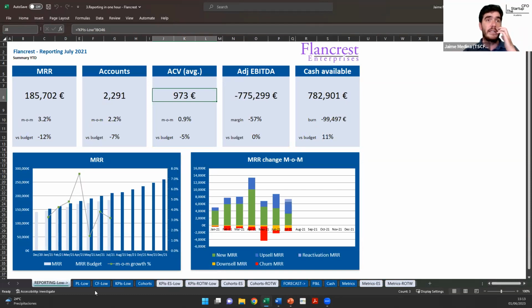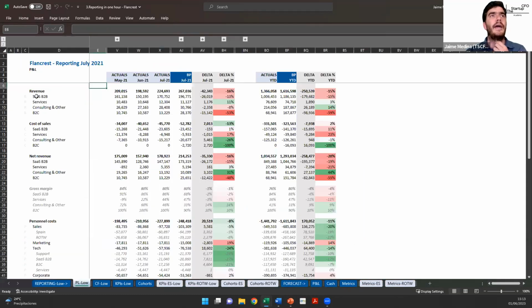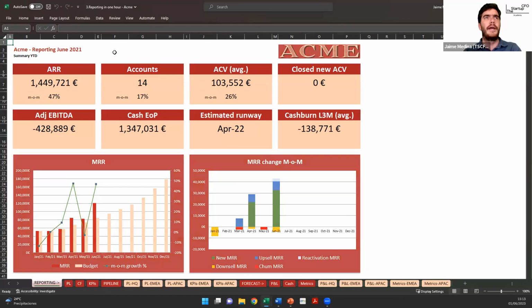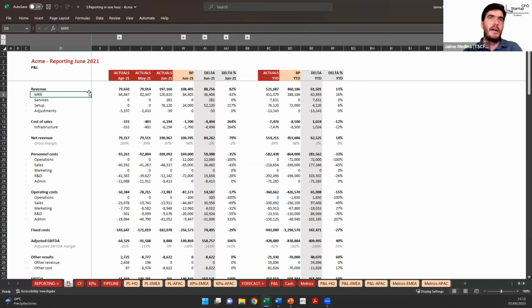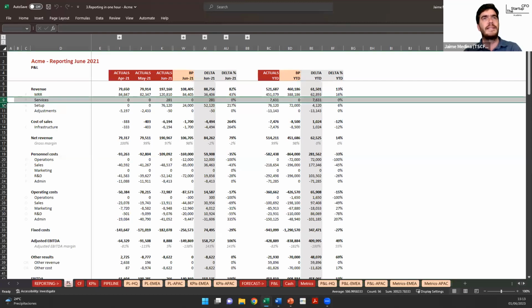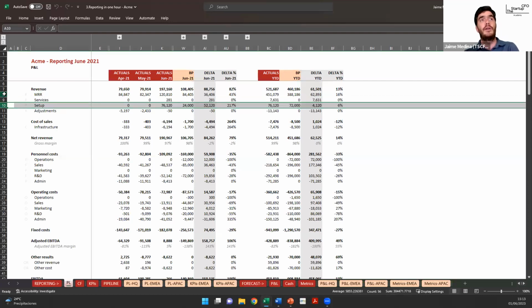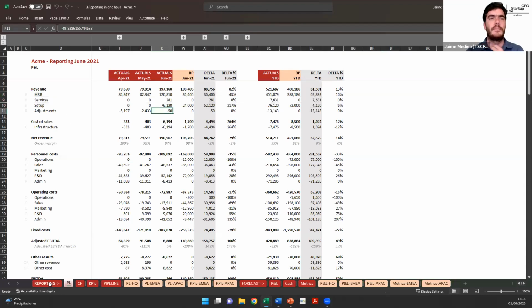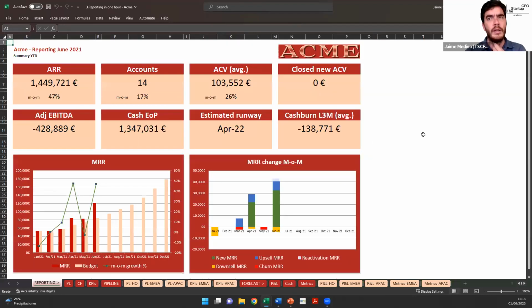Another difference is that Flancrest has several business lines. It's not just B2B SaaS. They also have services, consulting, and B2C. While Acme has MRR, basically services are not really important, and the setup is associated with new MRR. We will see what these adjustments mean later.